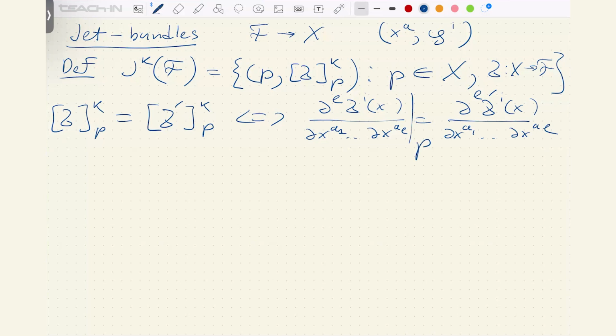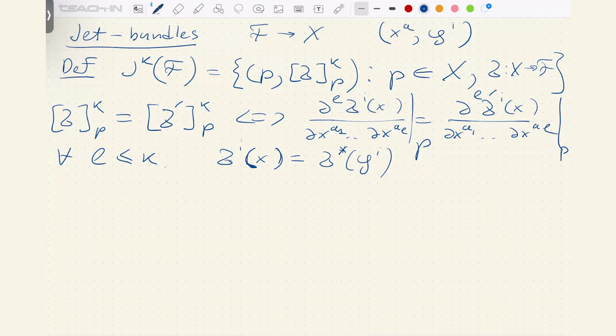All this is evaluated at point p, and for all l less than or equal to k. And here sigma^i(x) is just sigma star of phi^i. So these are components of our section; before I denoted it by phi^i(x), but now let's better use the notation sigma^i to make sure that these are precisely the coefficients of the section sigma.